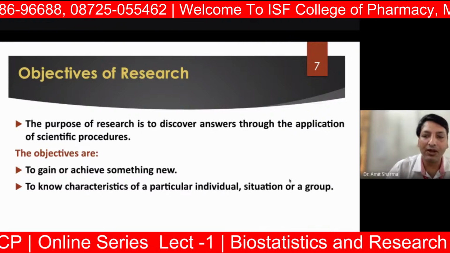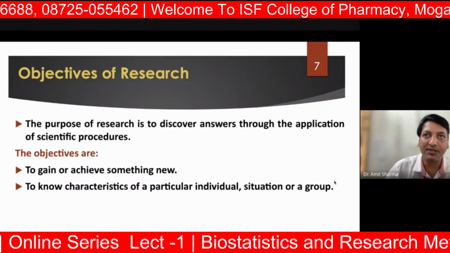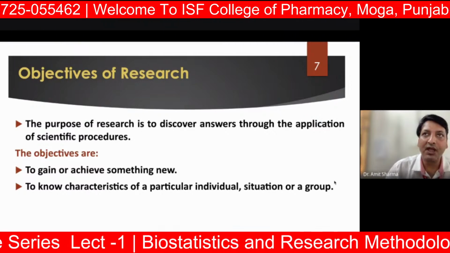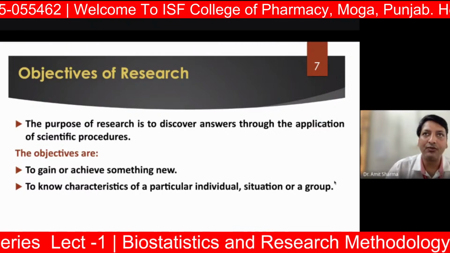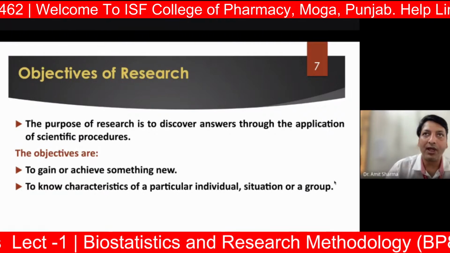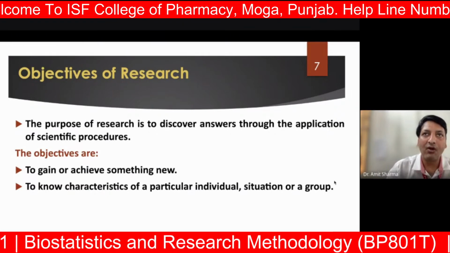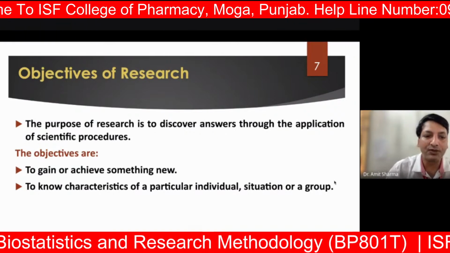Or a group: some persons are working on females, some on pregnant women, and a few of my scholars are working on people having a BMI of more than 25. So you can carry out work on particular groups also.